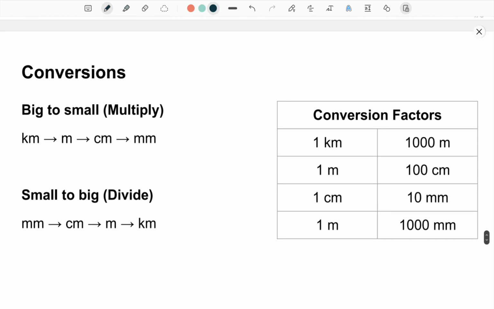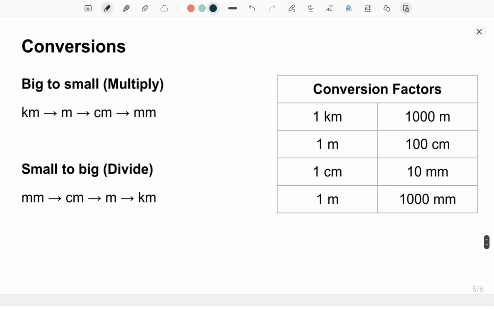All right, let's remind ourselves of conversions. If you're converting things, we're either going to convert something from a bigger length distance, whether it's a kilometer to a centimeter, meter to centimeter, whatever it might be. If we're going to do that, we need to take the value. So let's say we have 2.7 kilometers. And then we're going to multiply that because it's bigger.